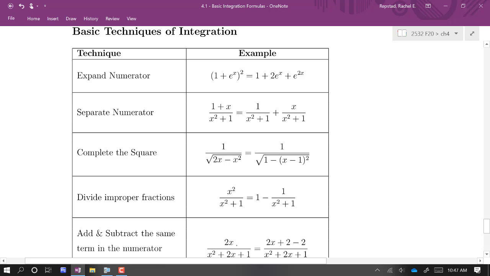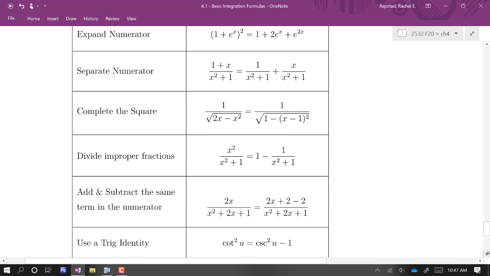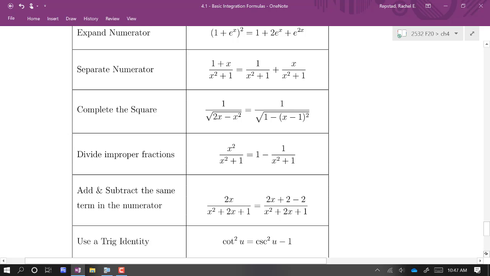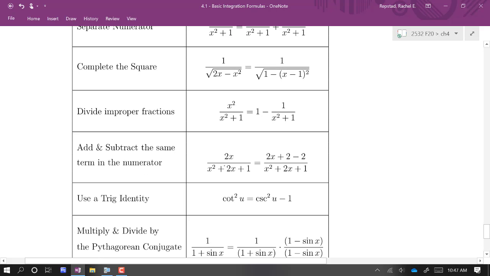Dividing improper fractions, we saw that earlier in this section. We also saw an example where adding and subtracting the same thing in the numerator can help us. It's not the be-all end-all, but it is a step that gives us more things we can do. If we're adding or subtracting the same thing in the numerator, then we could maybe split up the fraction in a helpful way.